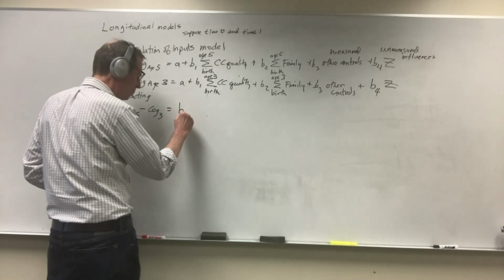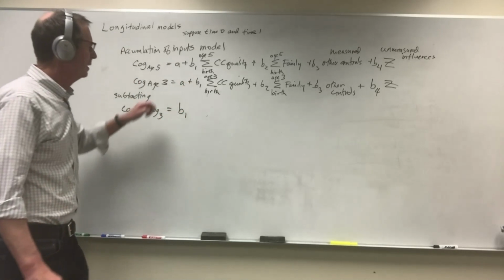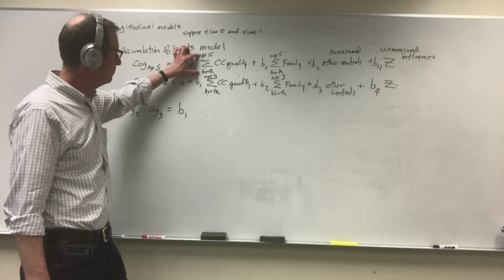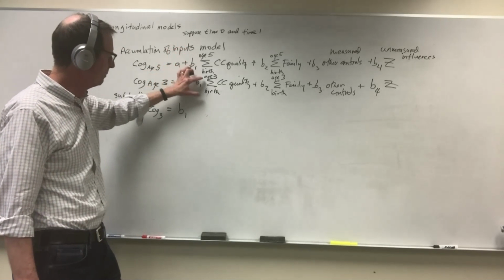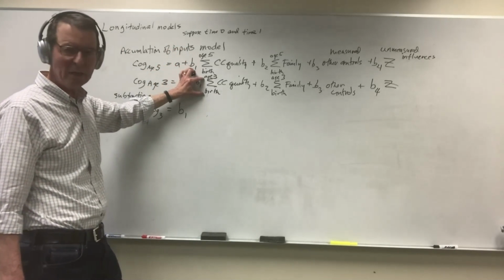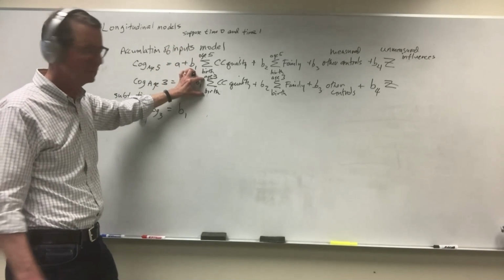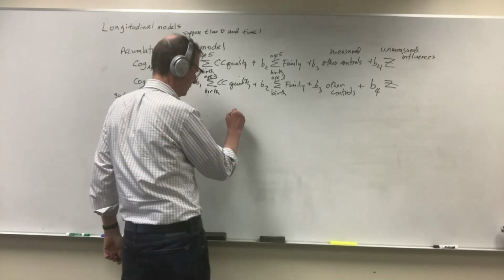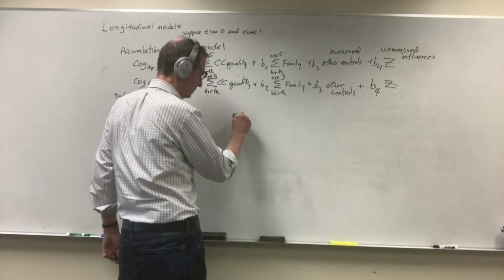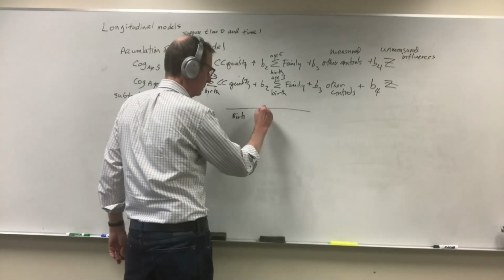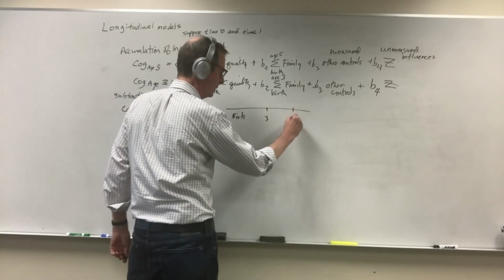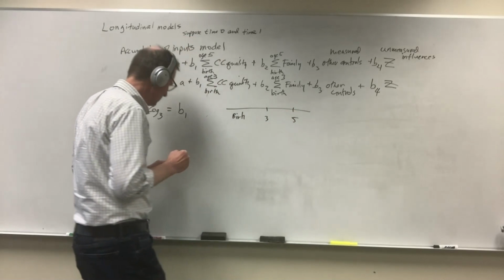So now we've got B1, and we've got birth to age 5 childcare quality, and we want to subtract out birth to age 3 childcare quality. Right? So we've got birth, age 3, age 5.